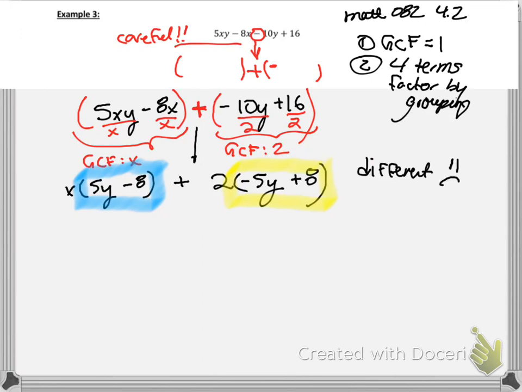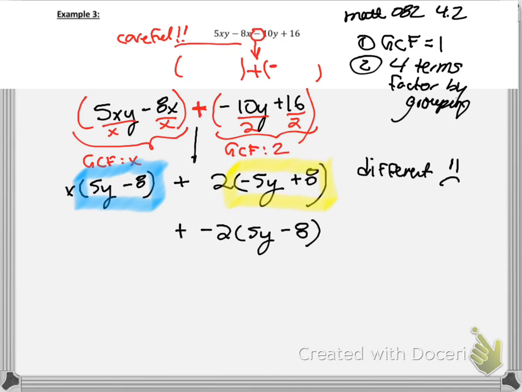So how can I fix that? The easiest fix is to factor out a negative sign from the yellow. If I were to factor out the negative sign, then what would that look like? We'd have to make two negatives, so the 5y would become positive, and then we would have a minus 8.